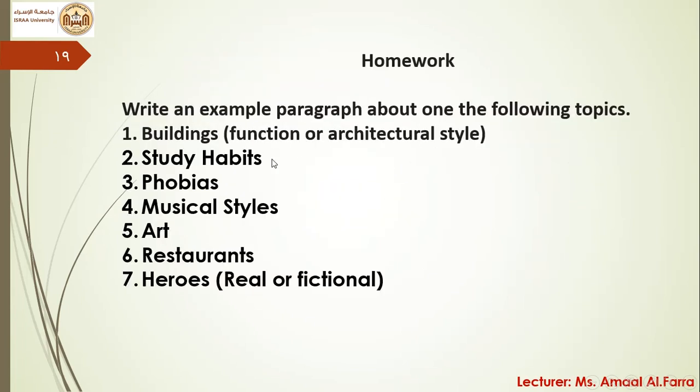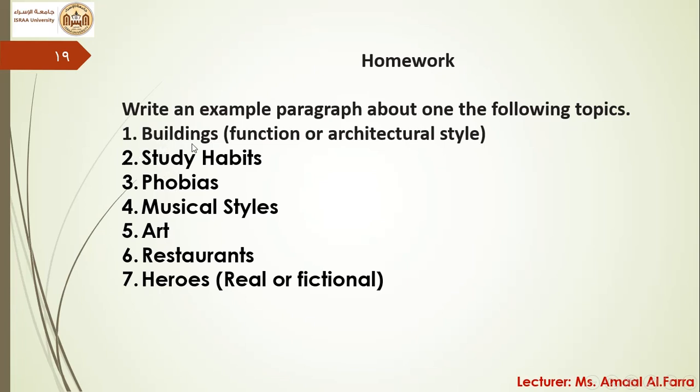Homework. Write an example paragraph about one of the following topics, and this homework will be put later on. I will tell you when to submit it. We have these topics. You can choose only one topic to write about.